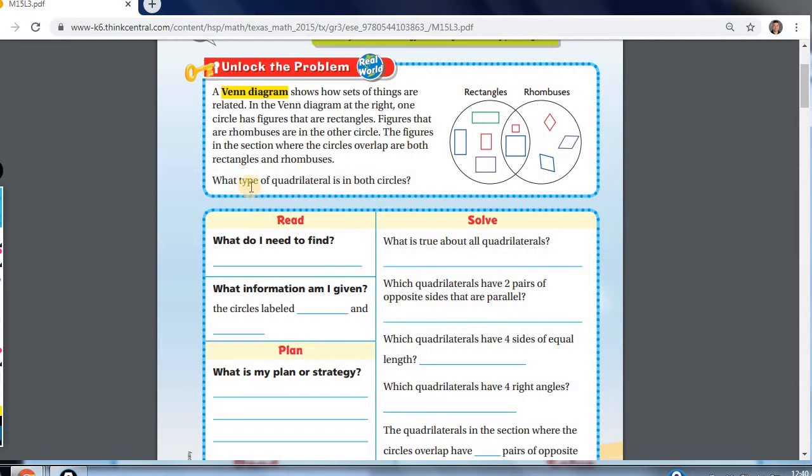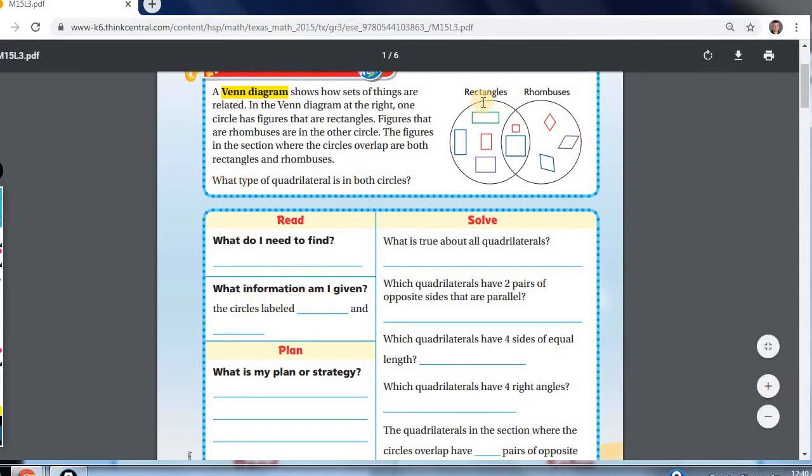You need to find what type of quadrilateral is in both circles. So this is your sentence that goes here. That's what you're trying to find. What information am I given? You're given the circles labeled as rectangles and the circles labeled as rhombus. So you will put rectangles here and rhombus here.